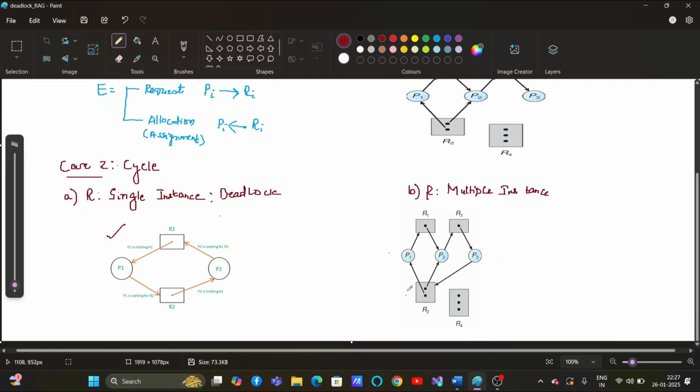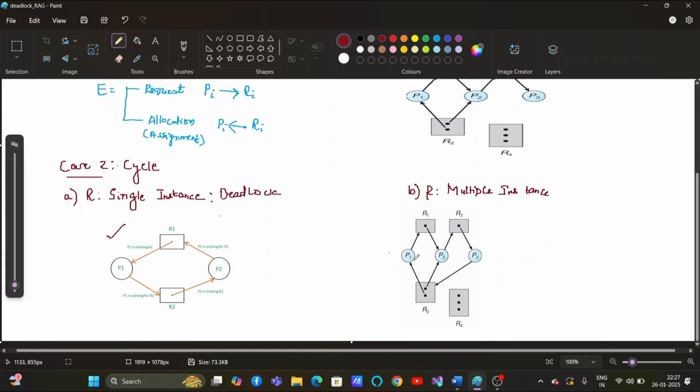Whether this cycle leads to deadlock or not: yes, it will lead to deadlock. Why? Because the instances are multiple. Observe here, two instances are there. This one is under the control of P1 and this one is under the control of P2. Now, P3 requires R2, but it can get R2 only if it is released by P1 or P2.